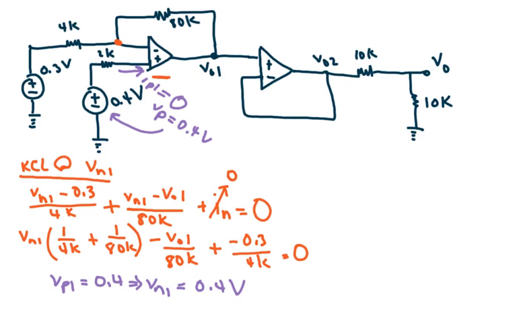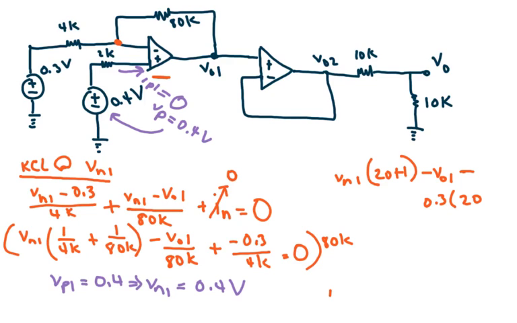So now we're going to multiply everything by 80K. So we will have Vn1 times 20 plus 1 minus V01 minus 0.3 times 20 equals 0.